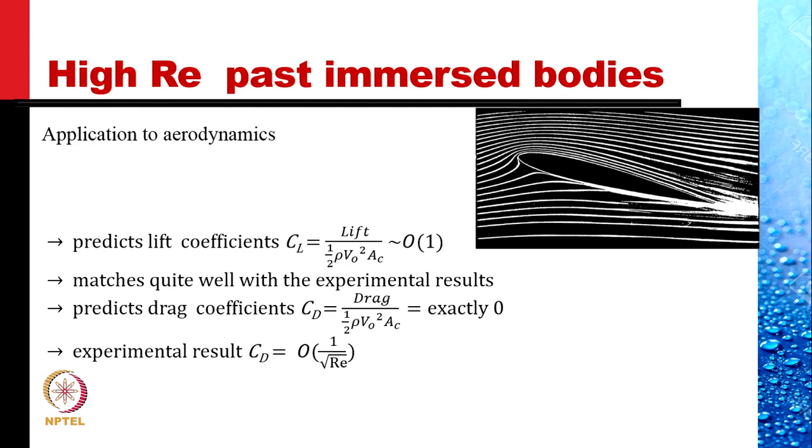If that predicts 0 drag, but the actual drag is of order 1 over under root Reynolds number, there doesn't appear to be anything serious. This appears to be well within the expectations from approximations, and this is quite acceptable.